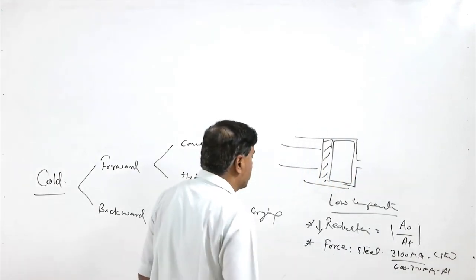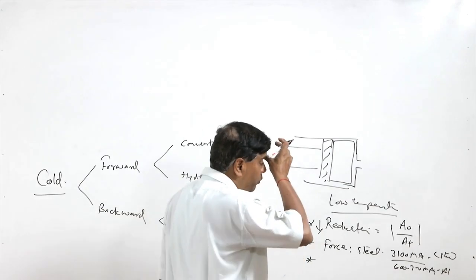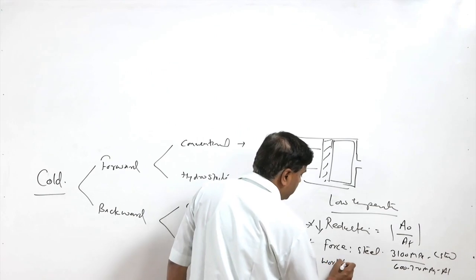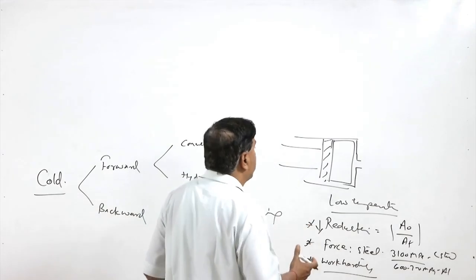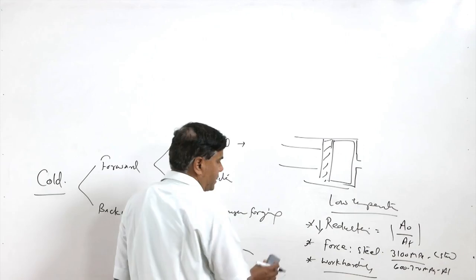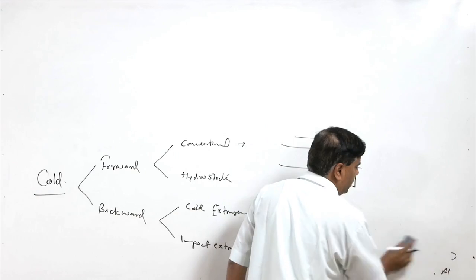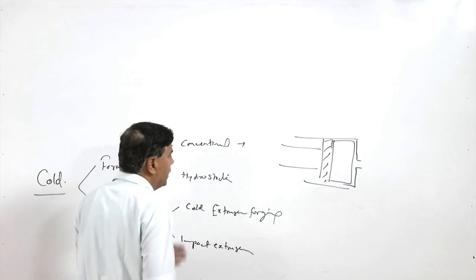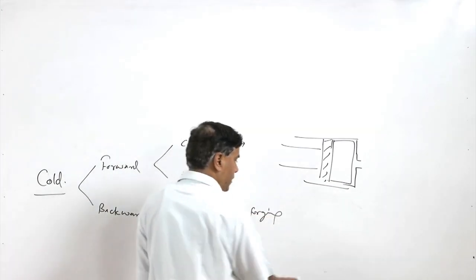So, cold extrusion is difficult because of the low temperature conditions. Another thing, the work hardening of the material at room temperature increases the strength. So, the mechanical properties of the cold extruded product are good as compared to the hot extruded products. So, forward cold extrusion is similar to hot extrusion, except that properties are better, force requirement is high and the reduction ratios are less.